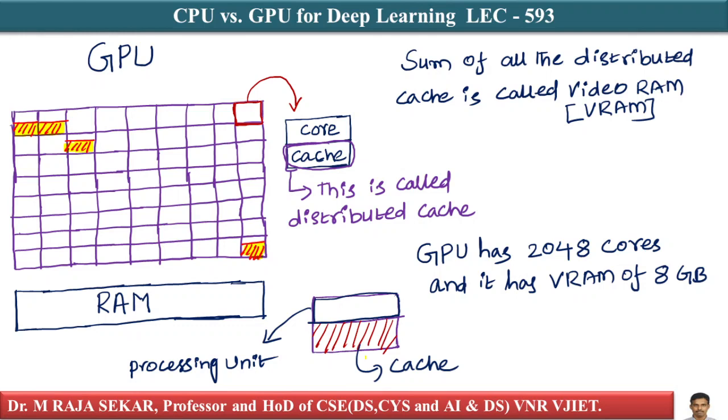What they mean when they say VRAM of 8 GB is basically, if we sum up the storage in all these caches across these thousands of cores, the sum of all of them is 8 GB.